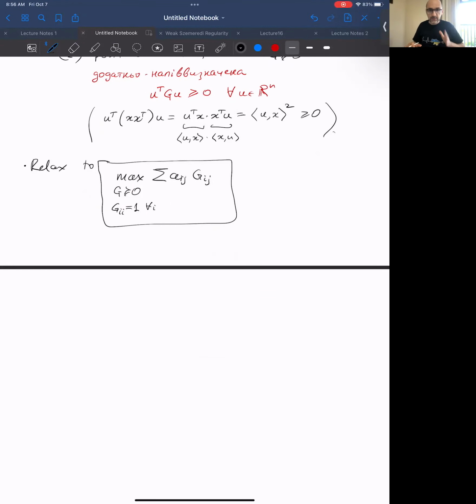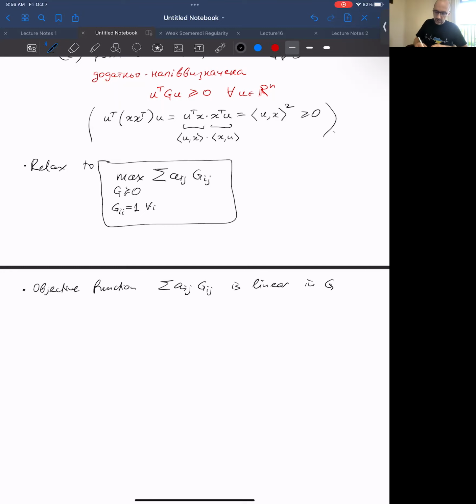And we're claiming that this is a convex program. So first of all, the function that we're trying to maximize is obviously linear in G, just the way it is, we just add.